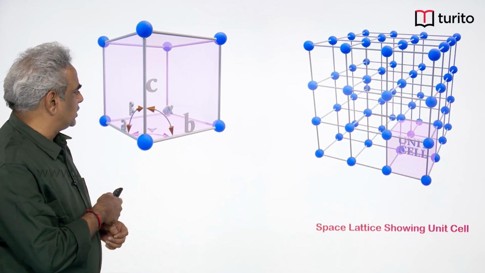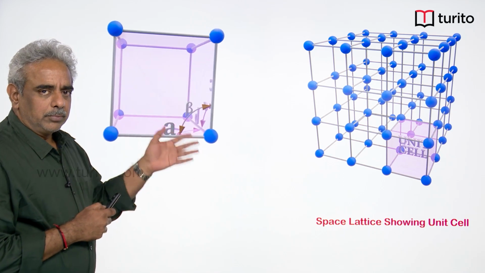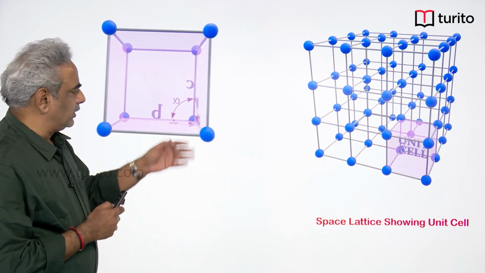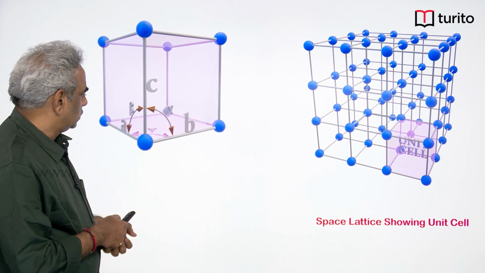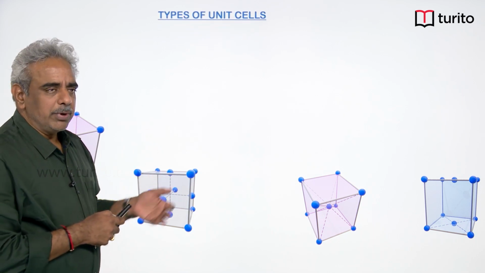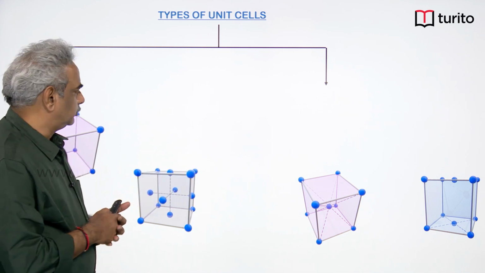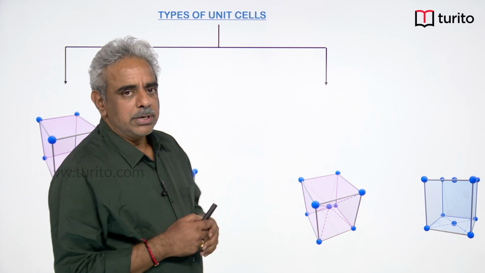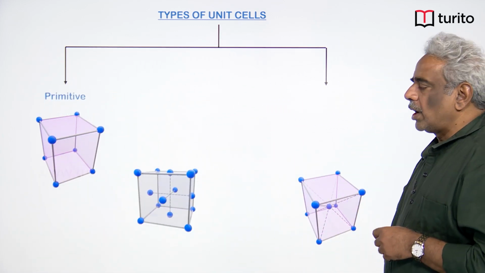Each unit cell is defined with length, breadth and height, with angles between the planes we have seen. That is a unit cell, and among the unit cells we have got two major varieties. One is primitive, the others are centered. Primitive means only corners.